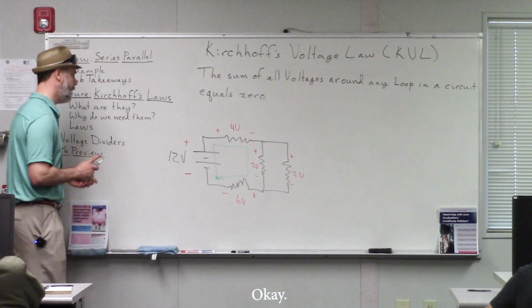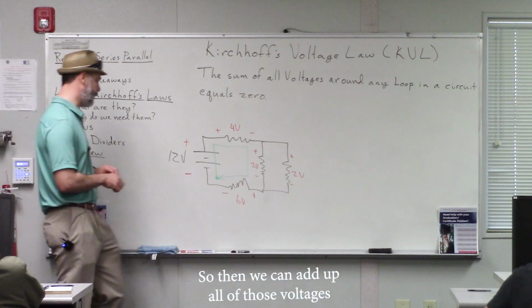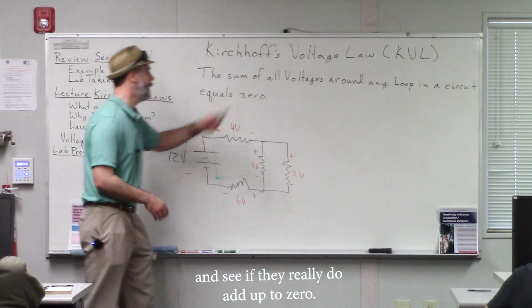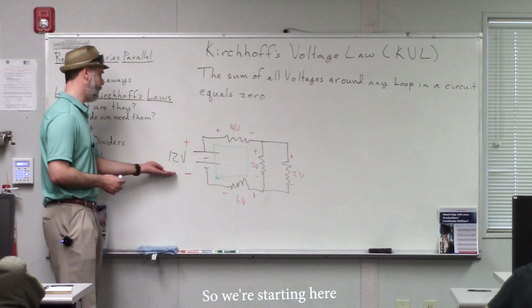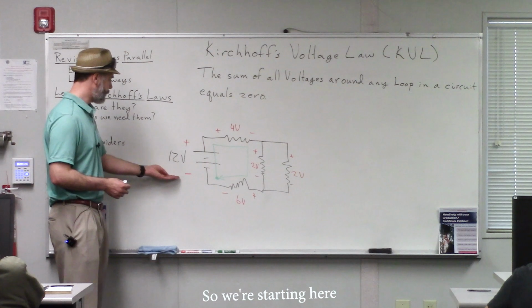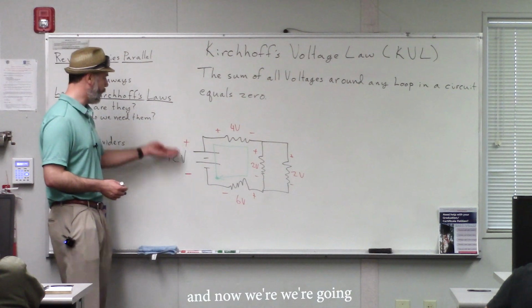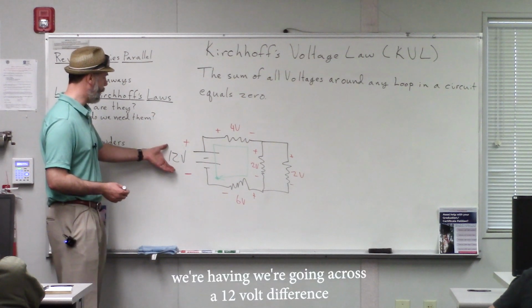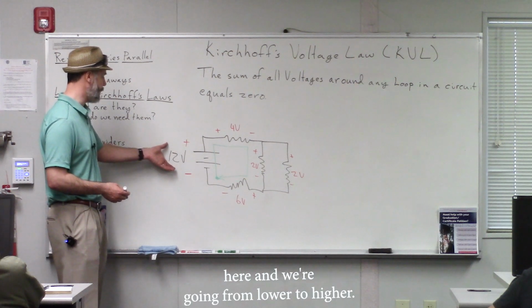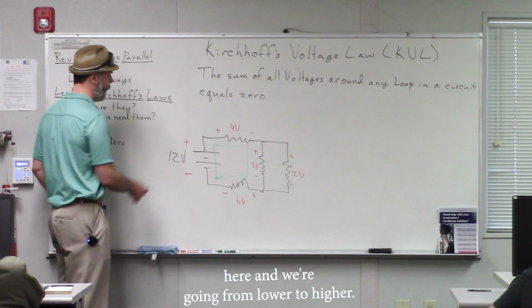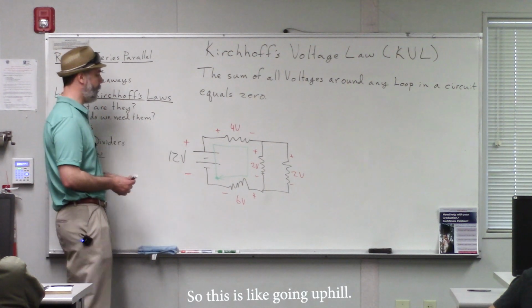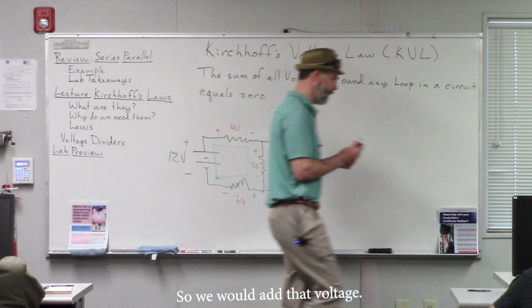Okay? So then we can add up all of those voltages and see if they really do add up to 0. So we're starting here, and now we're going across a 12-volt difference here, and we're going from lower to higher. So this is like going uphill. So we would add that voltage.